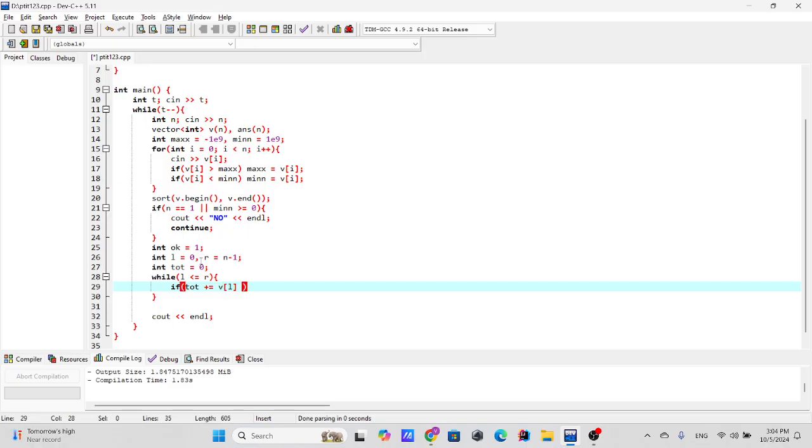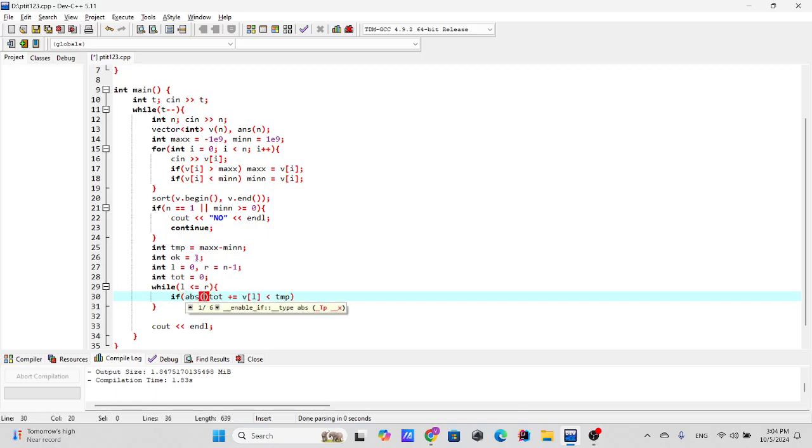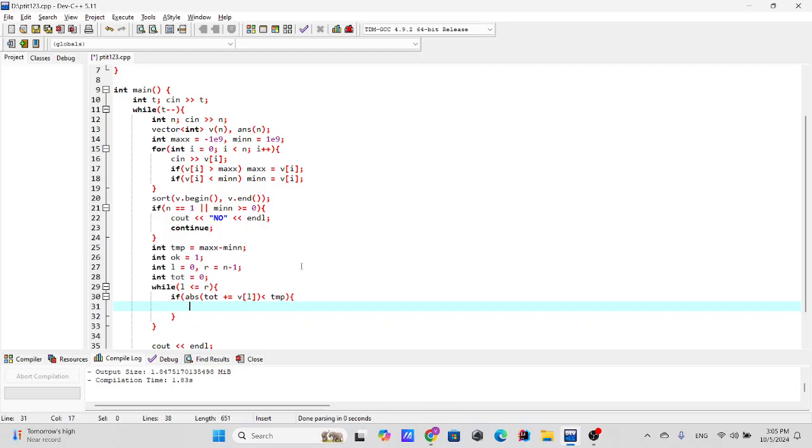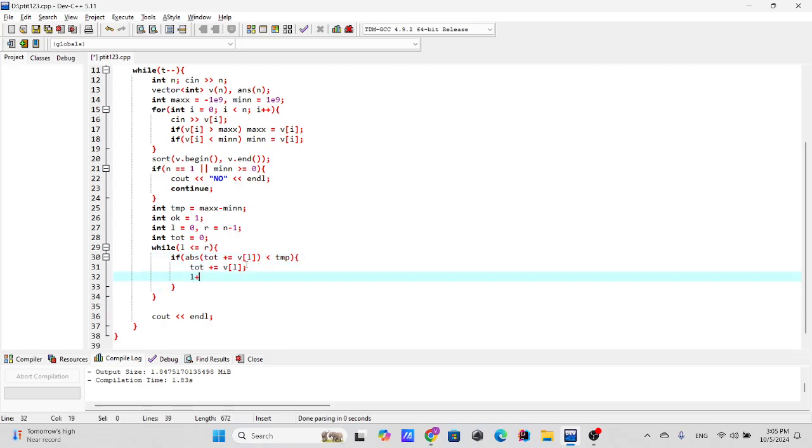V left is smaller than temporary, which is max minus min, then left plus plus.